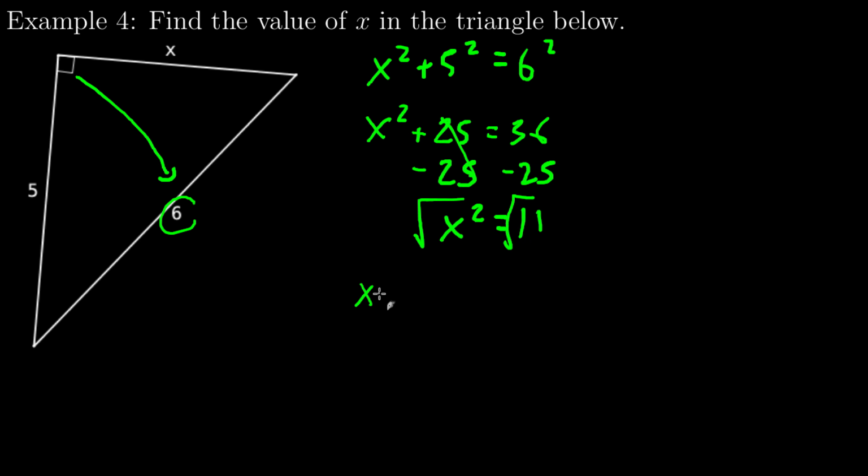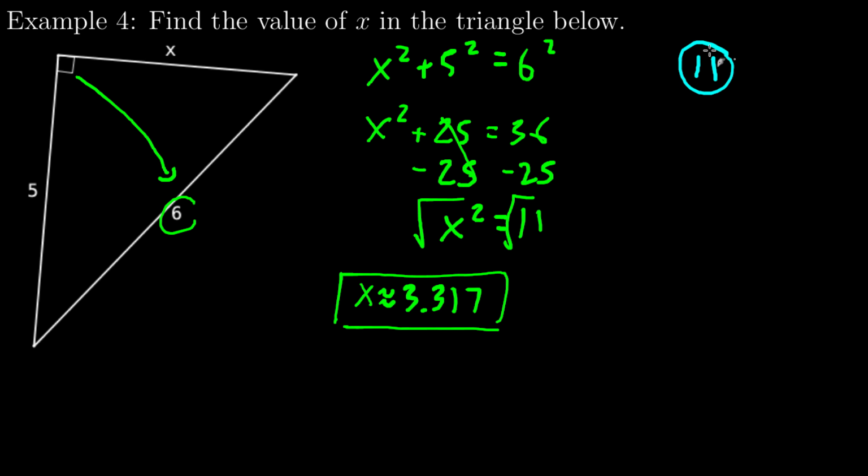So x is approximately 3.317. And if I wanted to get the exact answer, I will break down the 11. But 11 doesn't break down. 11 is prime itself, and there's no pair of numbers to break down, so my exact answer is actually just going to be the square root of 11.